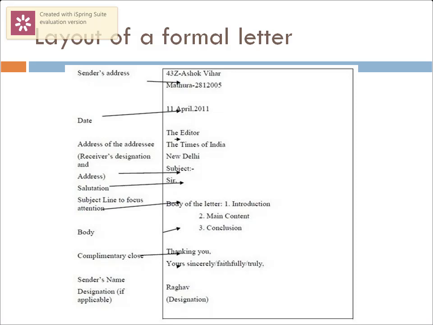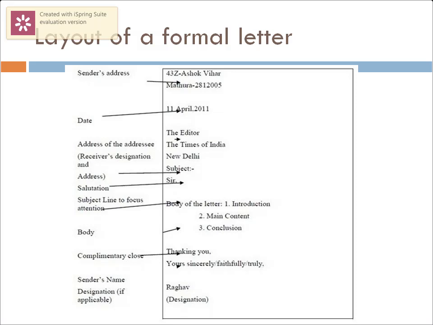Now, let's look at the layout of a formal letter. As you observe, the formal letter consists of many parts which are crucial. The first part is the sender's address. The sender's address is placed on the right or left hand corner of the page, depending on the format used.